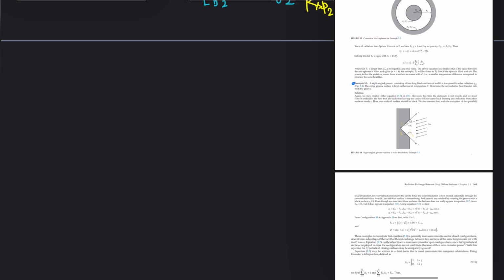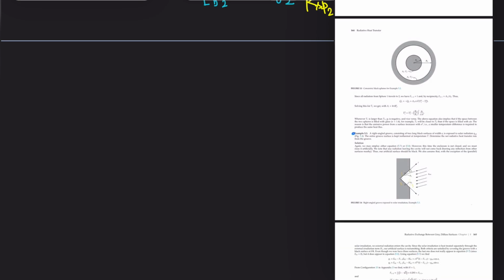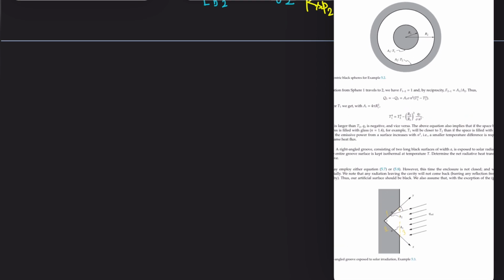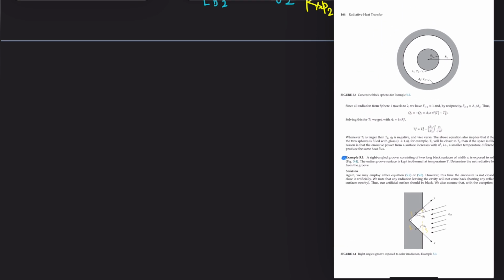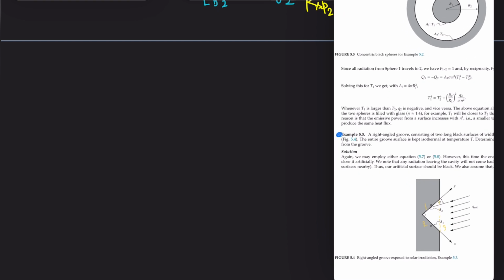The name of the book is Radiative Heat Transfer, authored by M. F. Modest. So this is a very good book. If anyone is doing research in radiation heat transfer, then this book is a must. Okay, so we will take up this problem.